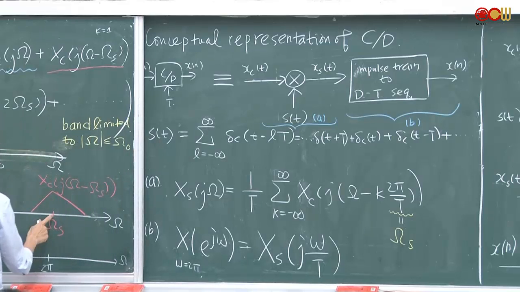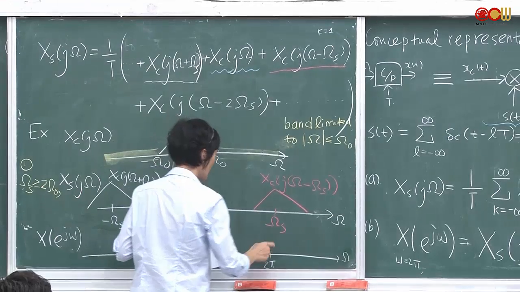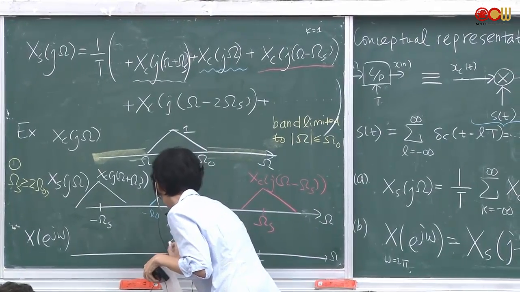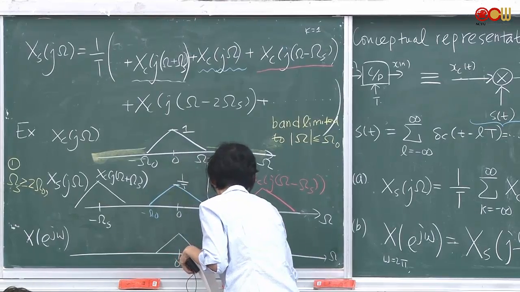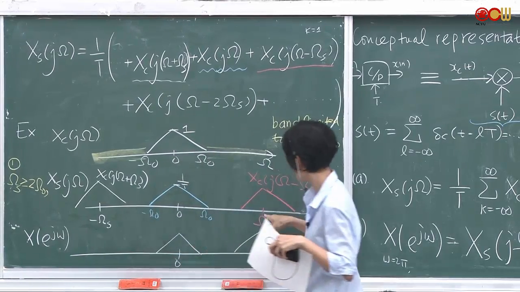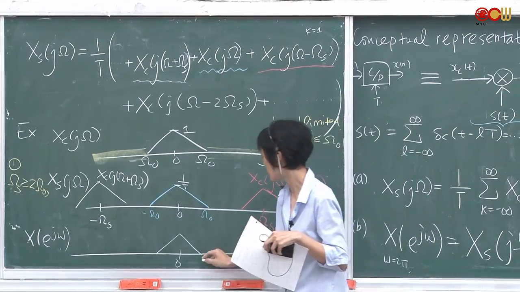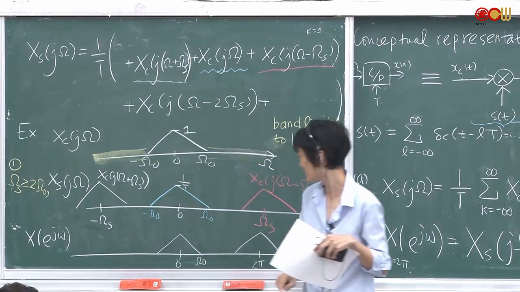And that's what this is, omega s. So this point will come here, 2 pi.